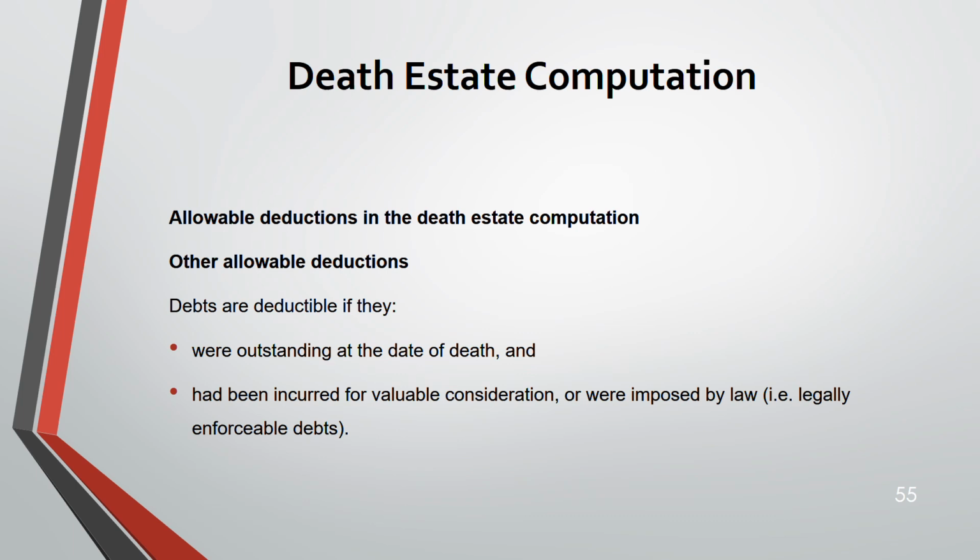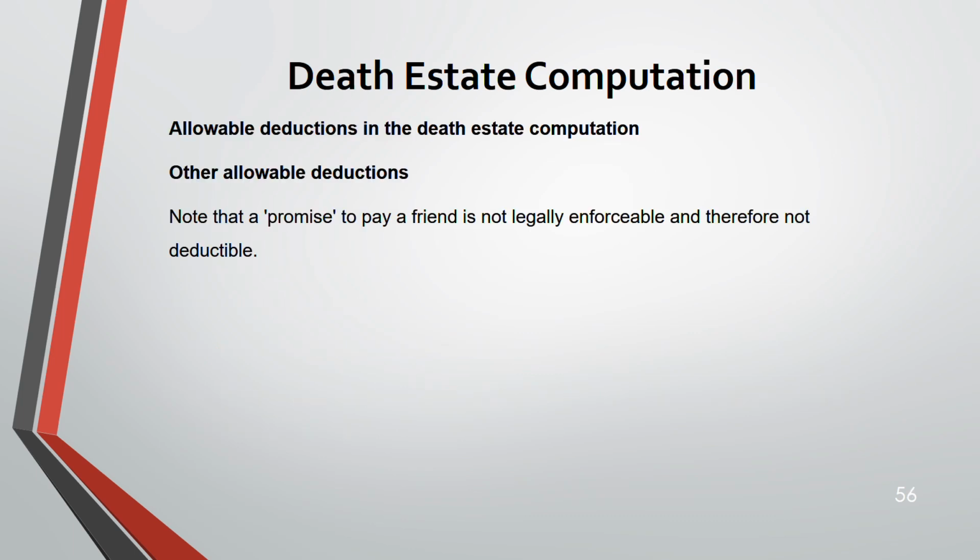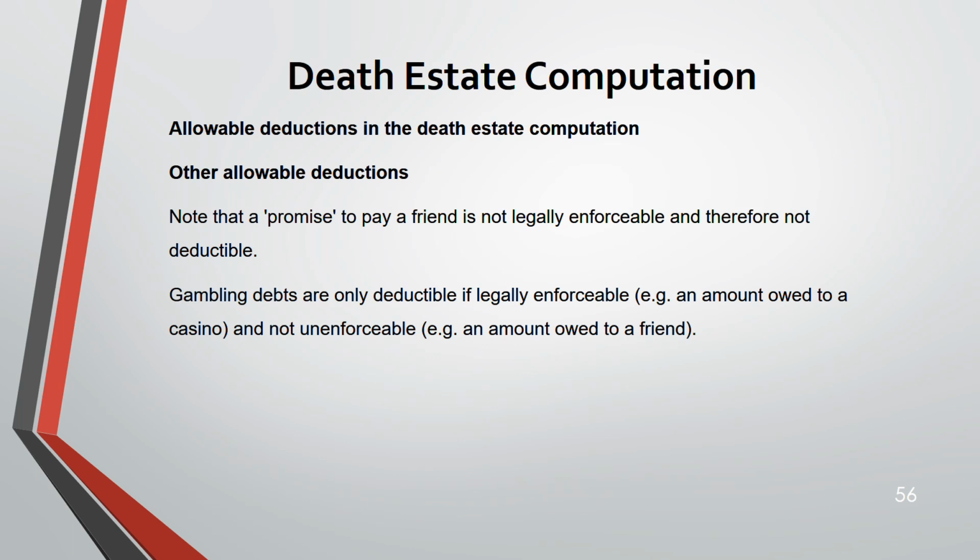Nothing was written, not legally enforceable. Then you can't deduct, let's say it's an amount of 50,000. A legally enforceable debt is for valuable consideration or imposed by law. So a promise to a friend is not legally enforceable and therefore not deductible.